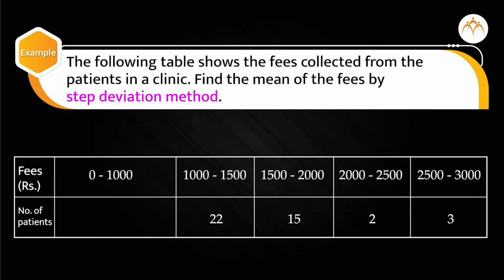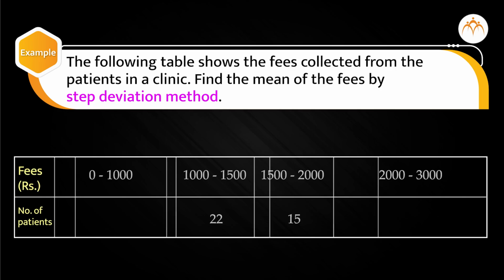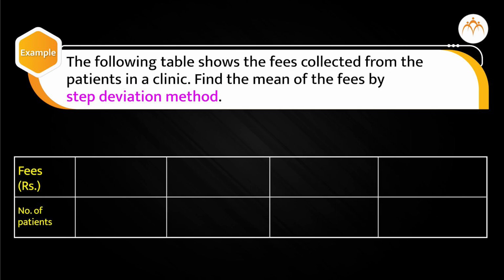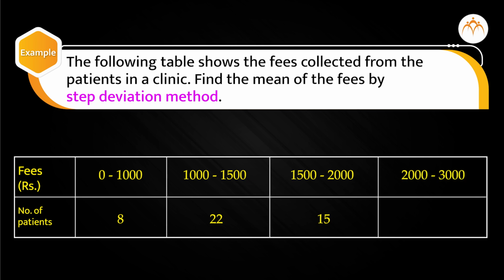So, we will club them as 0 to 1000 and 2000 to 3000. Therefore, the new table is as follows. Fees in rupees, number of patients. 0 to 1000 rupees, 8 patients. 1000 to 1500 rupees, 22 patients. 1500 to 2000 rupees, 15 patients. 2000 to 3000 rupees, 5 patients.